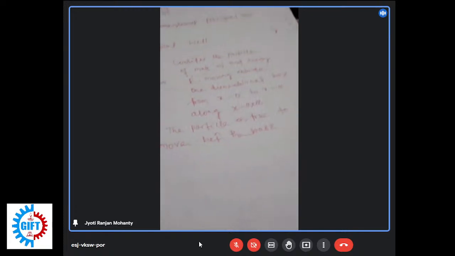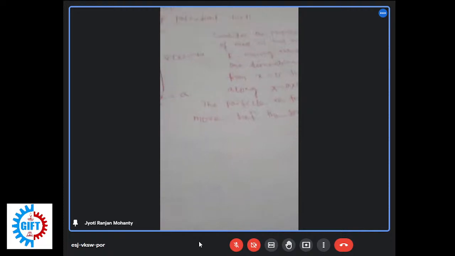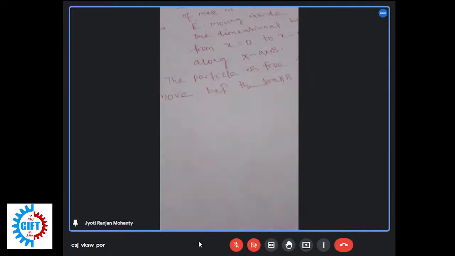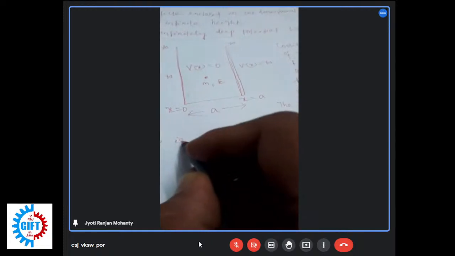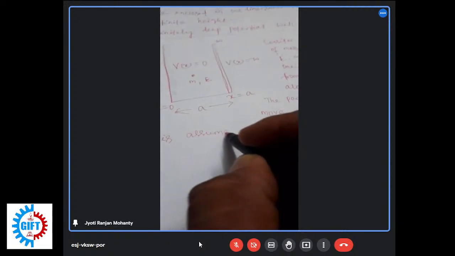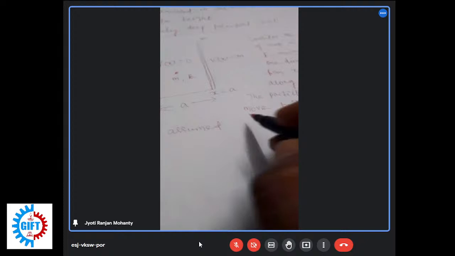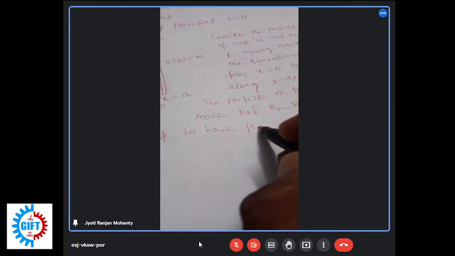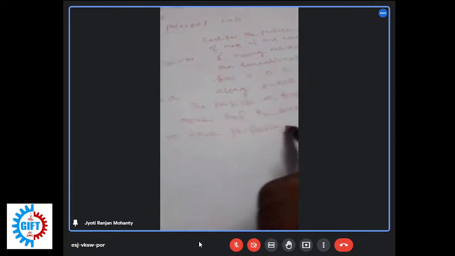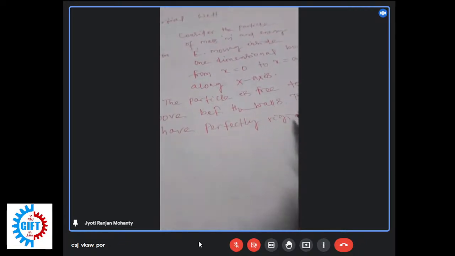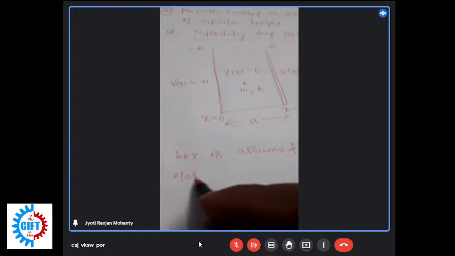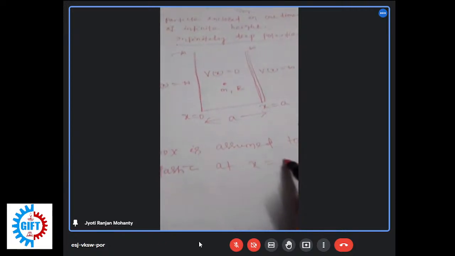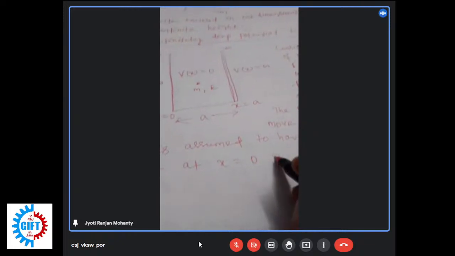Okay. So now the box is assumed to have perfectly rigid and elastic walls at x is equal to 0 and x is equal to a.